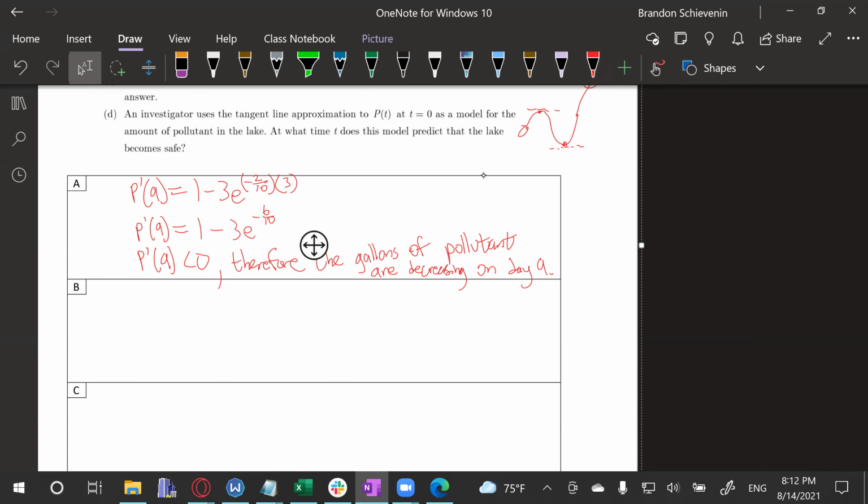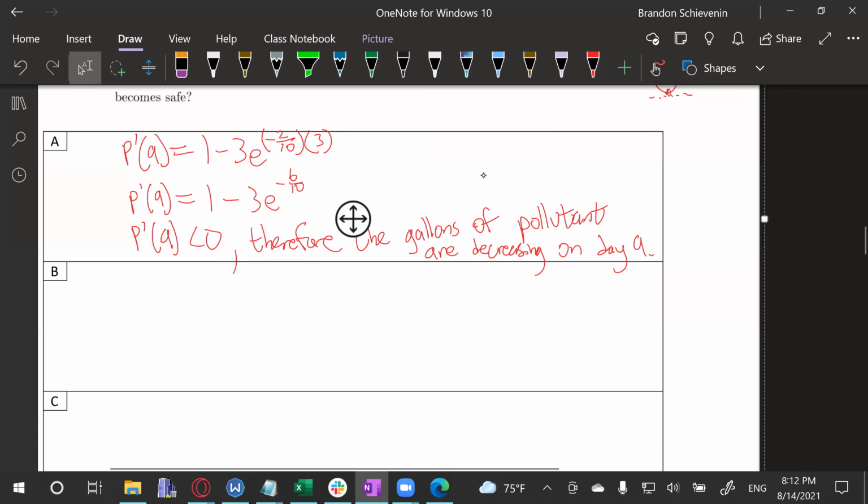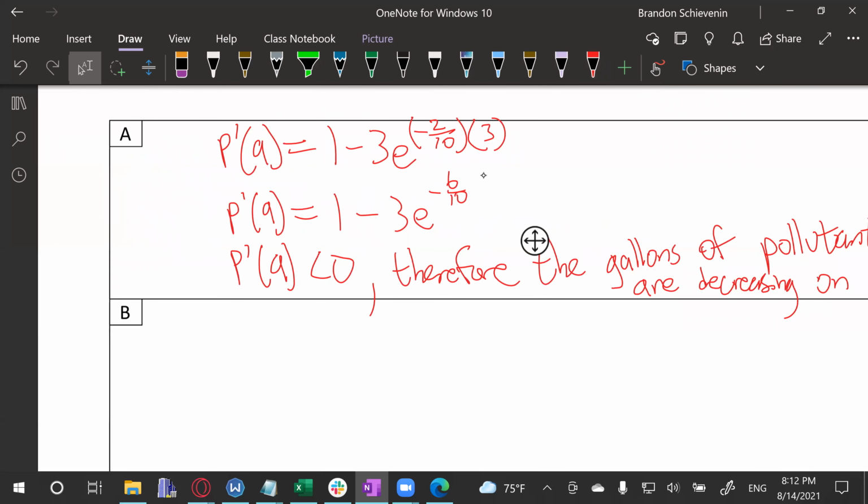I'm going to set this p prime of t equal to 0 first. So copying from a previous line. Okay.